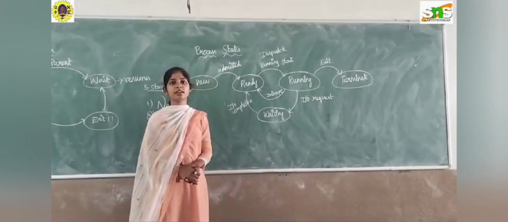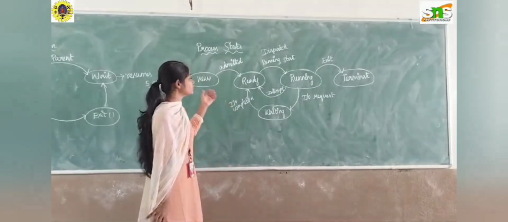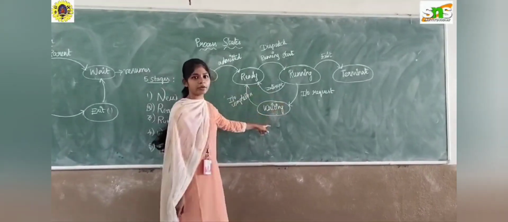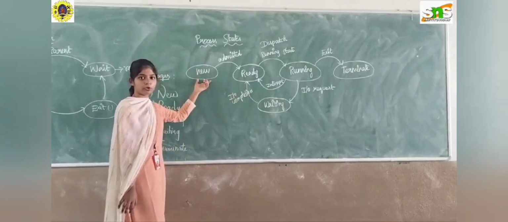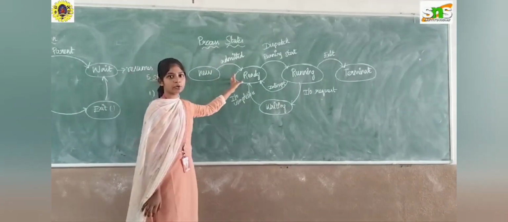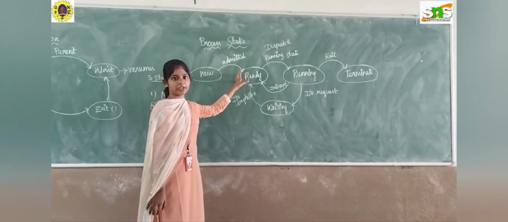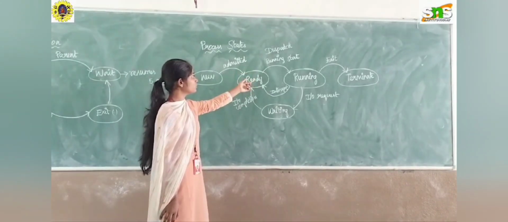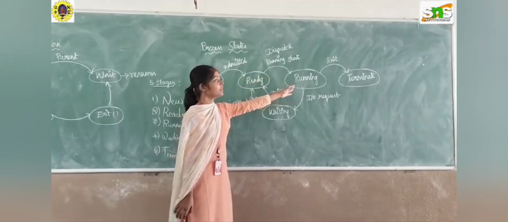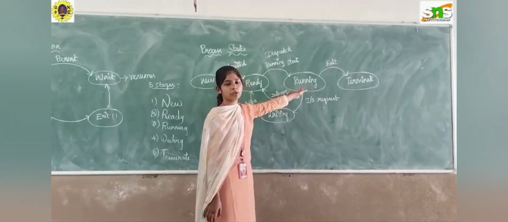The next one is the process states diagram. There are five stages in process states: new, ready, running, terminate, and waiting. Firstly, we create a new process, and that process is admitted to a ready queue. Every process is stored in a ready queue, and the dispatcher is used to transfer the process from the ready queue to the running state. In the running state, the CPU will execute the process.